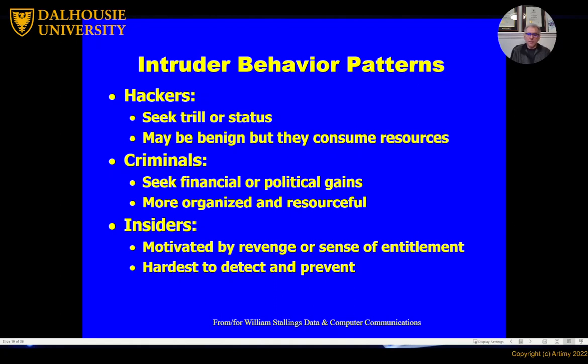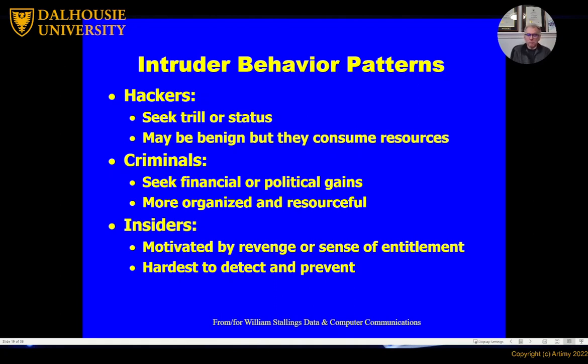And there are the insiders. There are people who are maybe employees in a company, or people that are trusted, but at some point they use this trust to seek revenge, or because they think that they are entitled to the information, to the resources, right? For example, somebody who was working in a company, and then when she moves to another company, she takes with her all customer information to share with her new employer.